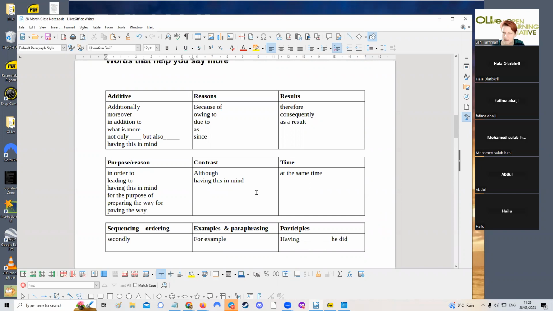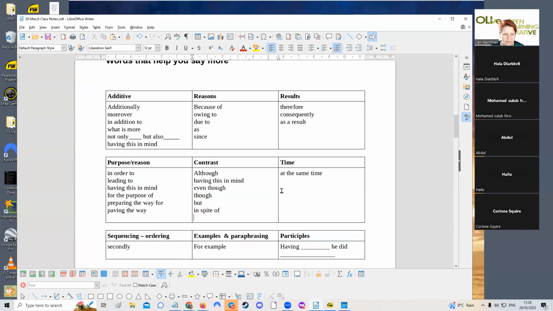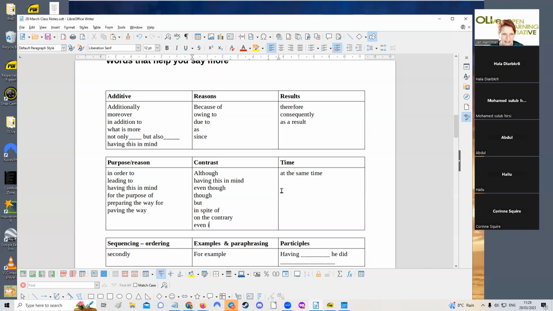Okay, how about some more contrast? Any other contrast you can think of? Even though. Though. The shortest one, but. On the contrary. Even if.